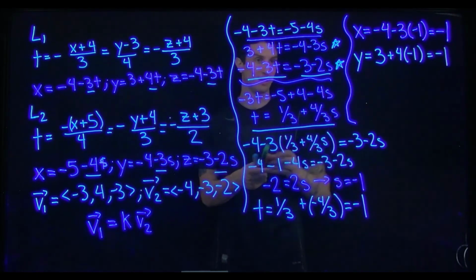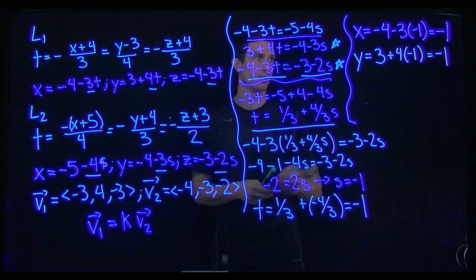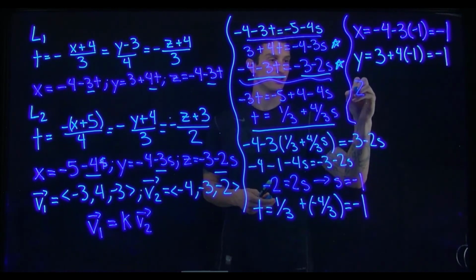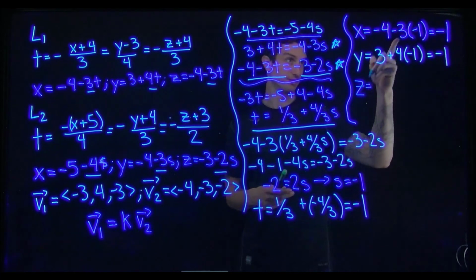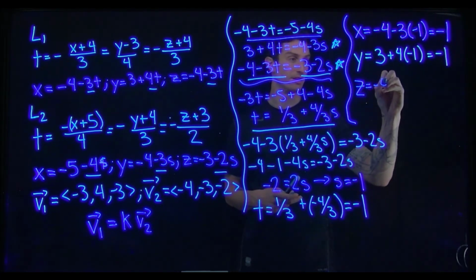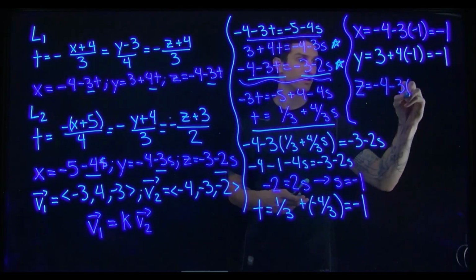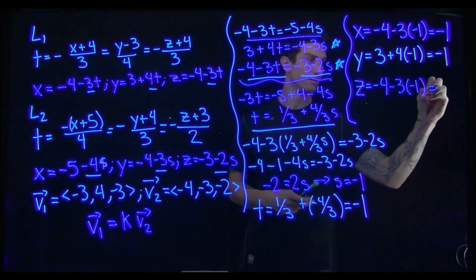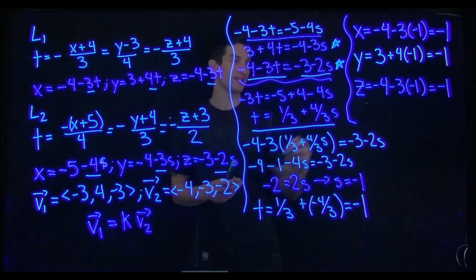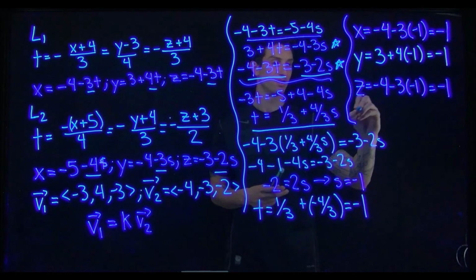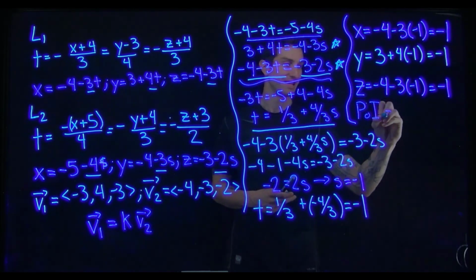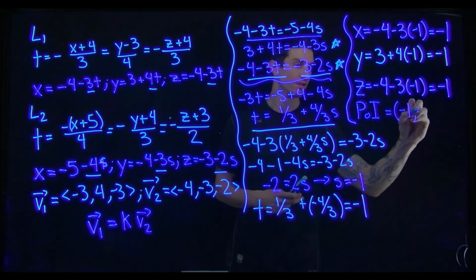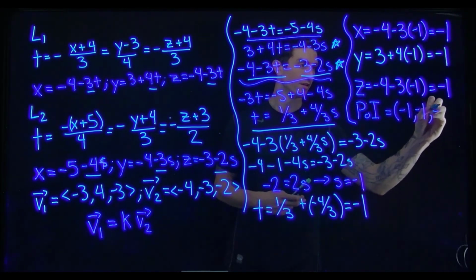We'll switch back and forth to color coordinate here. We have z is equal to negative 4, and this is the same as up here. Negative 4 minus 3 times negative 1, negative 1. So our point of intersection is at negative 1, negative 1, negative 1.